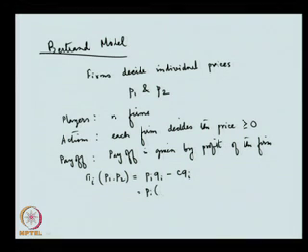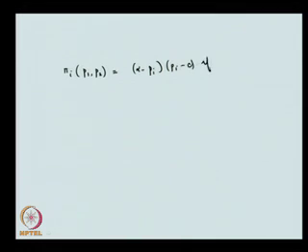What is Q? Q is nothing but the market demand, which is given by alpha minus Pi, and so this is equal to (alpha minus Pi)(Pi minus C) if Pi is less than Pj. Okay, if my price is less than the competitor's price, then I get the entire market.